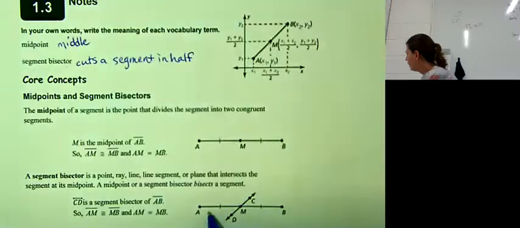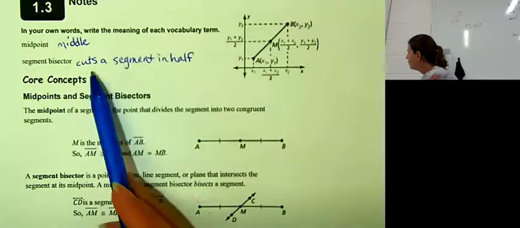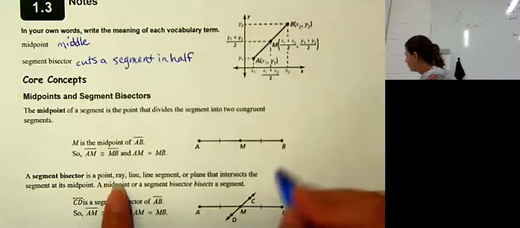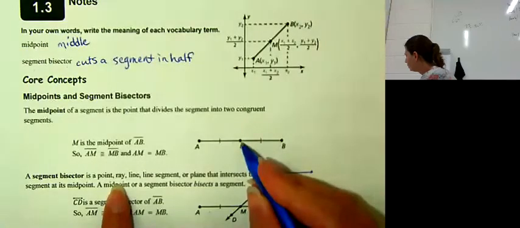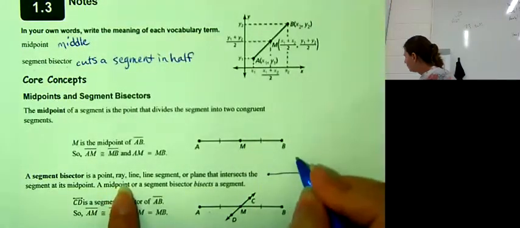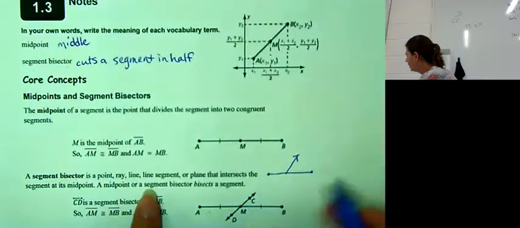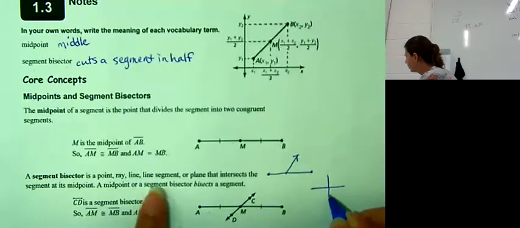And then segment bisector, although it does cut a segment in half, it could be cut in half by a point. So we could have a segment and it just has a point, just like here. It could have a ray coming out of it. It could have a line. It could have a line segment.